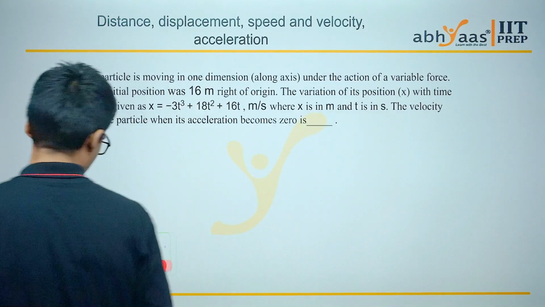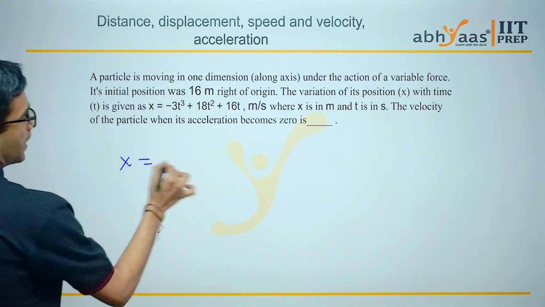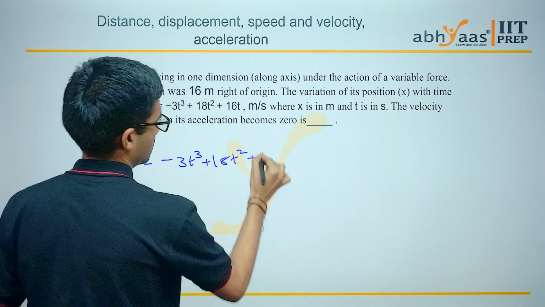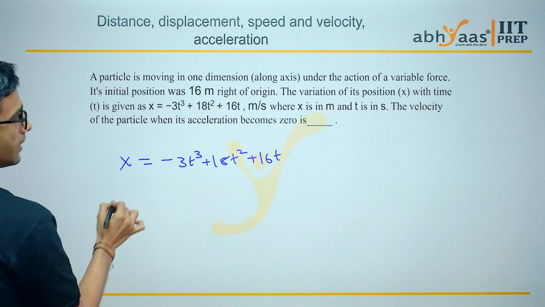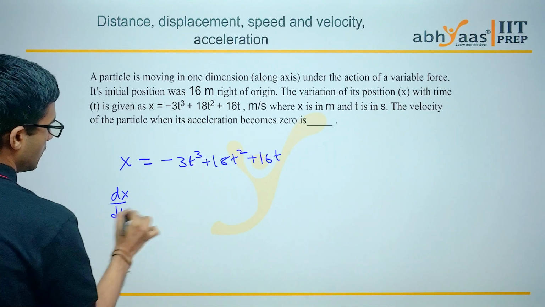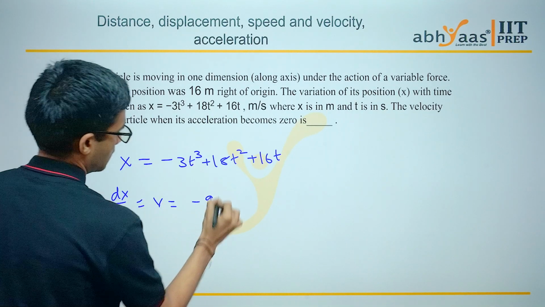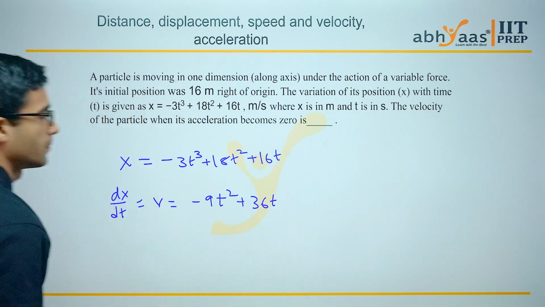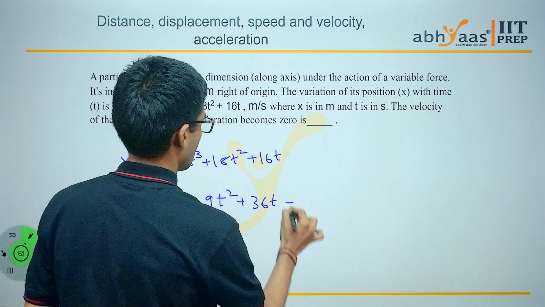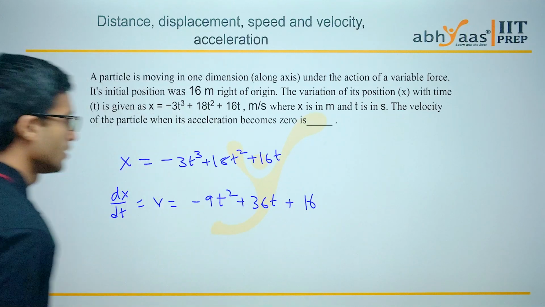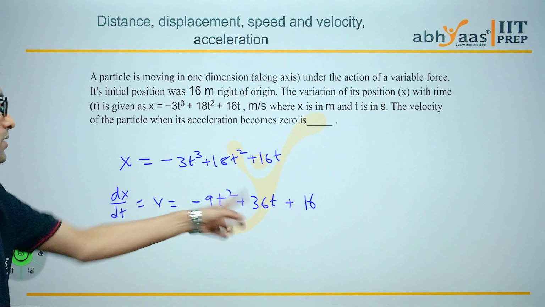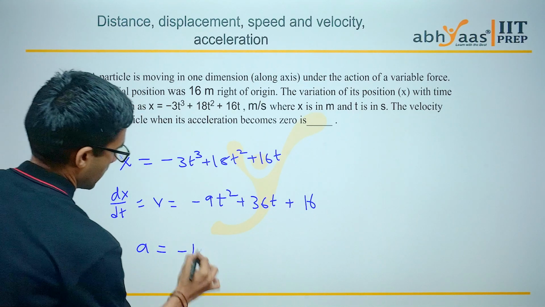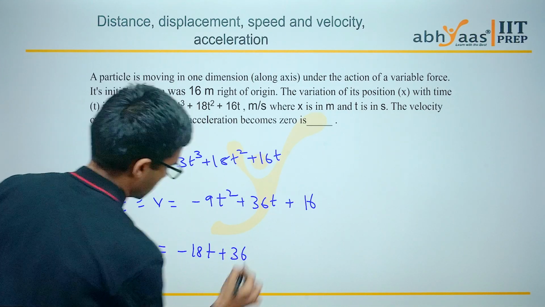Again x is equal to minus 3t cube plus 18t square plus 16t. dx by dt, that is velocity, is equal to minus 9t square plus 36t plus 16. Okay, 3 threes are 9, 18 twos are 36, 16t is 16. Again acceleration is equal to minus 18t plus 36.